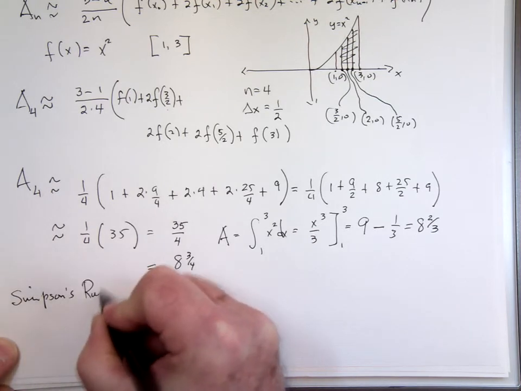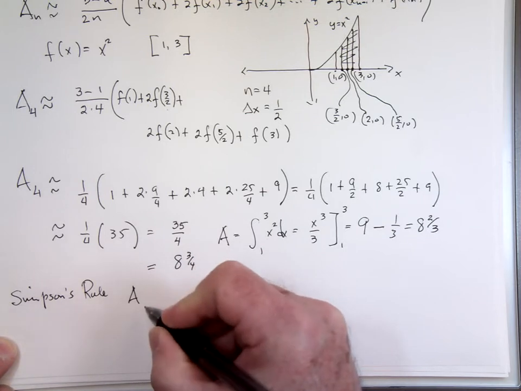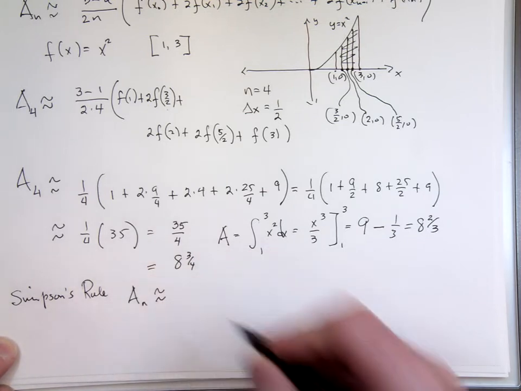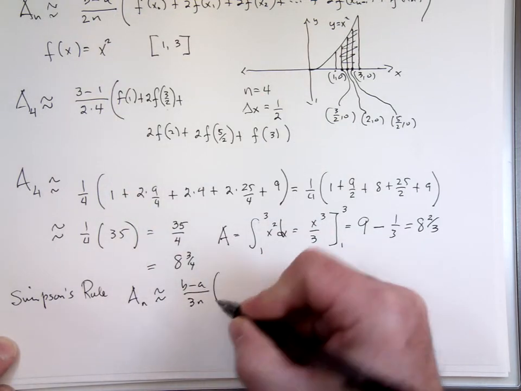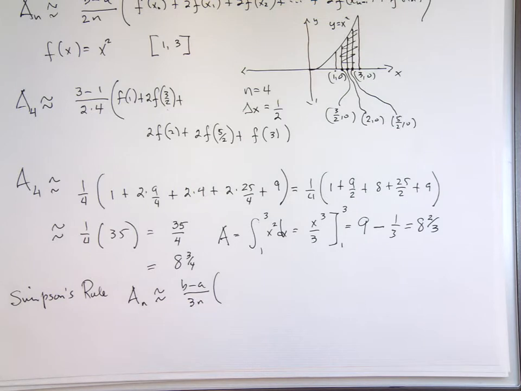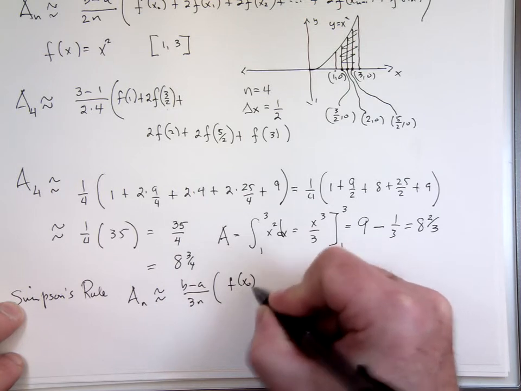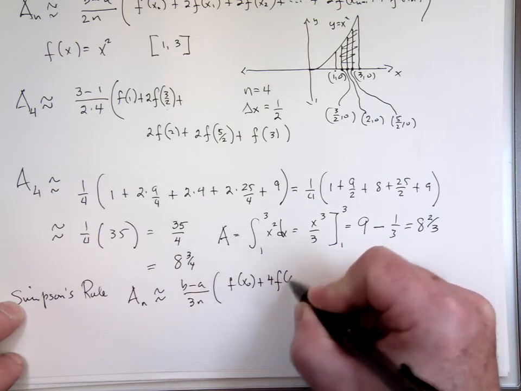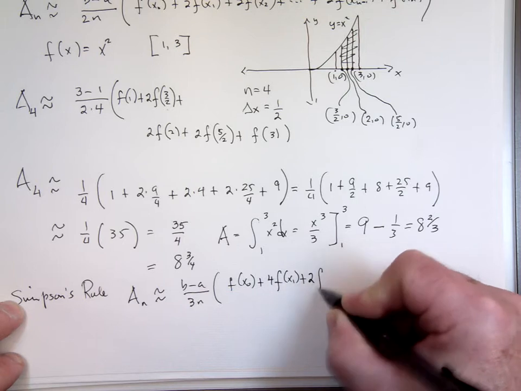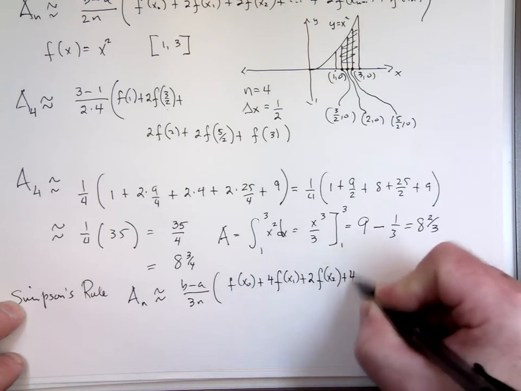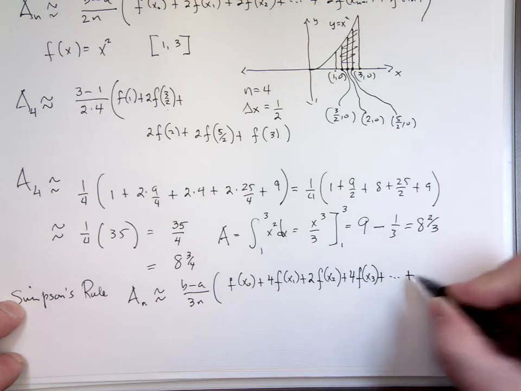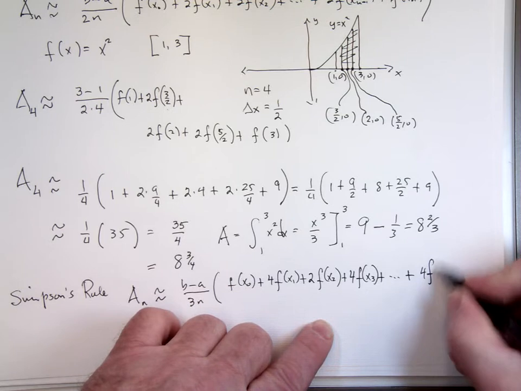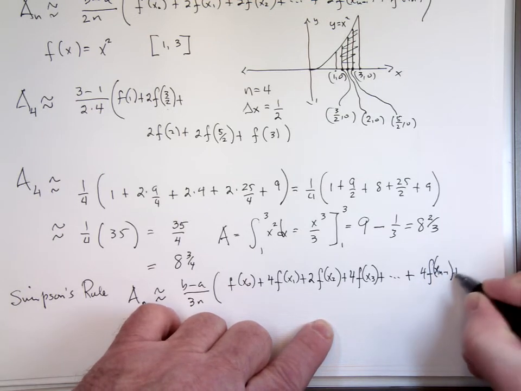The area is approximately, now this is (b minus a) over 3n. This is Simpson's Rule now. n would be the number of subintervals. f of x sub 0, plus 4 f of x sub 1, plus 2 f of x sub 2, plus 4 f of x sub 3, plus 2, again, okay, plus 4 f of x sub n minus 1, plus f of x sub n.